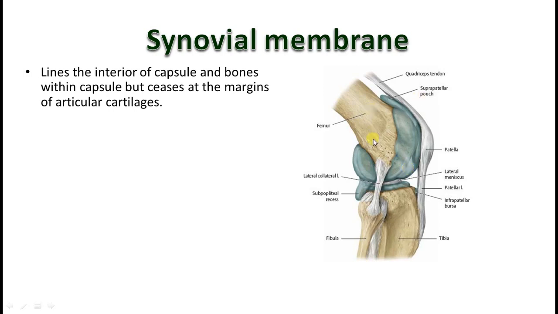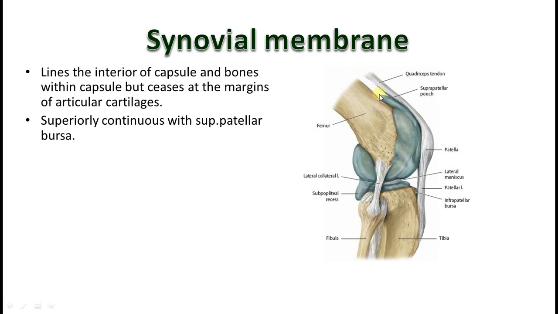Then when you look at it, the capsule above sends an extension, a pouch, through the deficiency in the capsule, that is for the suprapatellar bursa. So it continues with the suprapatellar bursa, and that is held in its position by a muscle, the articularis genu muscle.